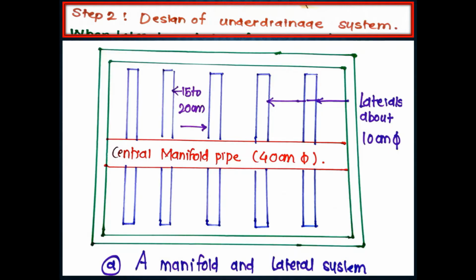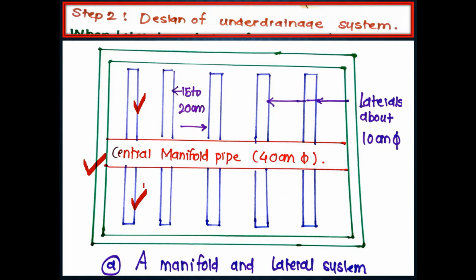This is the plan view or top view of the under drainage system, which consists of a central manifold pipe with connections of smaller diameter pipes. Those pipes are known as laterals, and laterals are connected to the central manifold perpendicular, at a 90-degree angle.